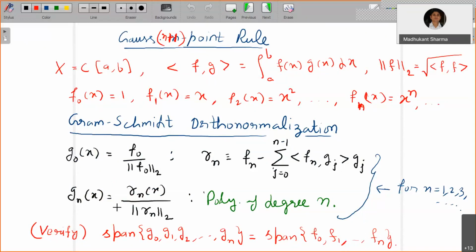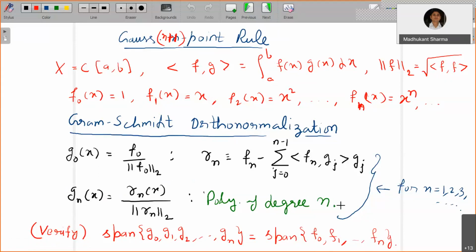And Gn is orthogonal to any polynomial of degree less than or equal to n minus 1. We constructed it in the same manner. The Gram-Schmidt orthonormalization process guarantees that Gn of x is orthogonal to G0 to Gn minus 1, or in other words, it is orthogonal to 1, x, and so on up to x to the power n minus 1, or any polynomial of degree less than or equal to n minus 1.